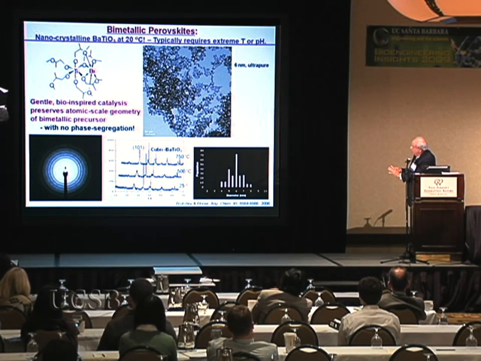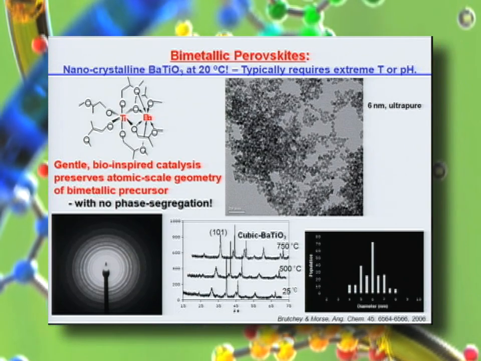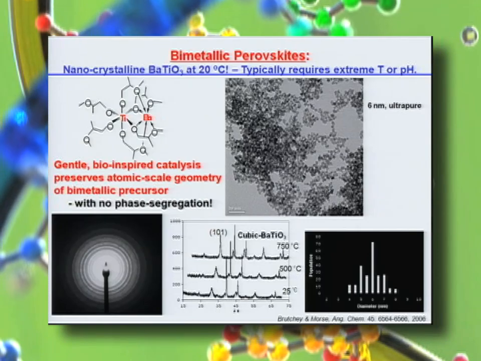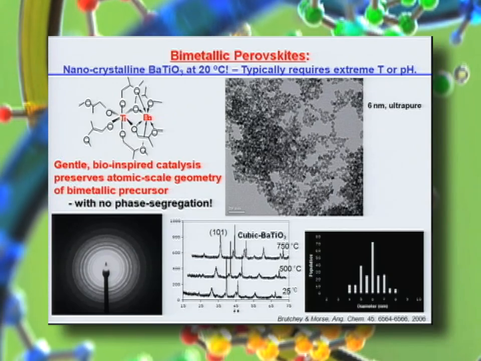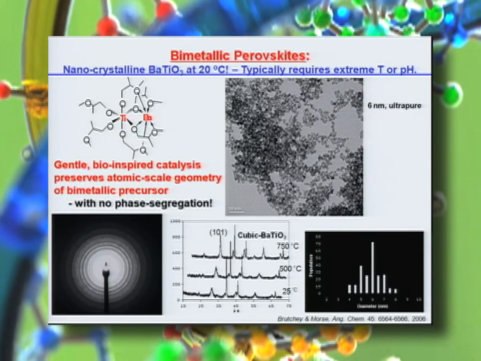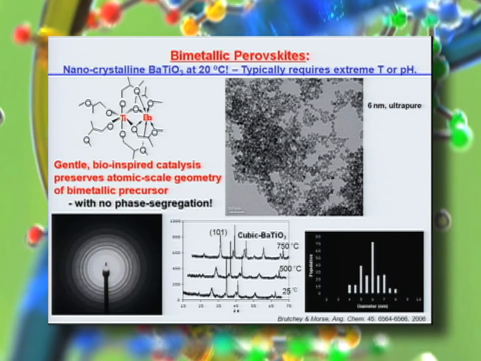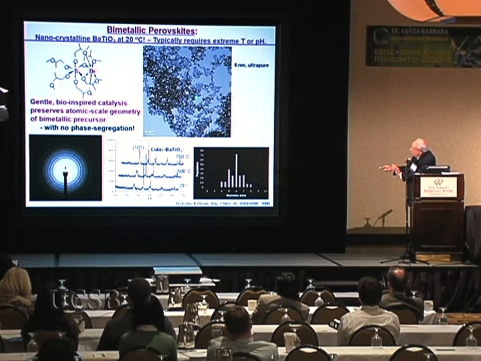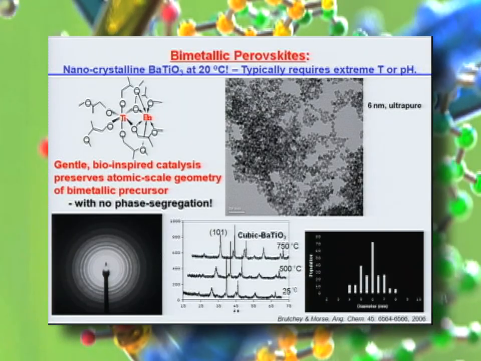One of the great advantages of this method is that if you start with a bimetallic precursor, where the geometry at the atomic scale is built into the precursor, you can preserve that geometry using this gentle biologically inspired catalytic method, incorporating these units, preferentially hydrolyzing off the alkoxide groups in this case, or the chelates, depending on what the structure of that precursor is. In this case, to produce the smallest, most uniform nanocrystalline barium titanate yet achieved without any phase segregation.